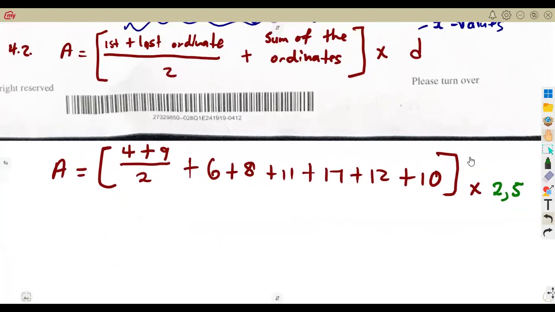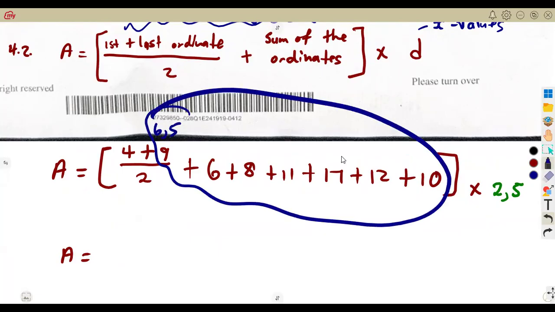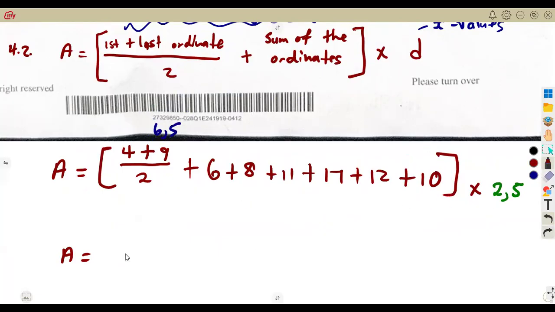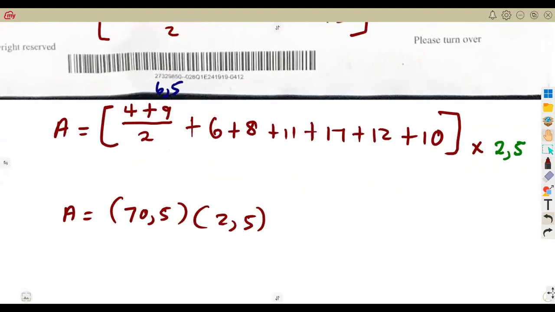Just like that, you simplify. This is now you and your calculator simplifying. 4 plus 9 over 2 is going to give us 6,5. 13 over 2, which is 6,5. Then you add everything after that. That is going to give us 70,5 times the 2,5, which is outside there. So multiplying these two, we're going to have your area.